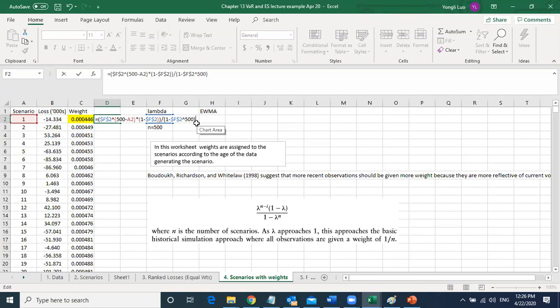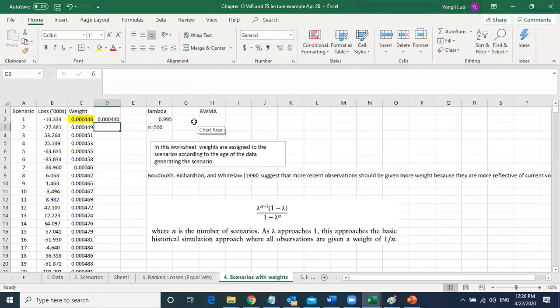So that's the formula, and that's how you calculate the weight. You drag it all the way down, exactly the same.